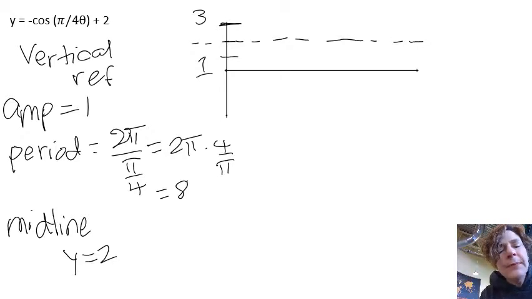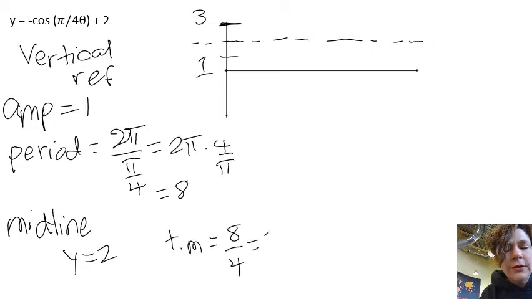Now I'm going to deal with my period. My period is 8 for one revolution. So that means that I need a tick mark every quarter of the way between 0 and 8. I'm just going to make a little note here, TM for tick mark. My tick marks are going to be 8 over 4, or 2 units apart.